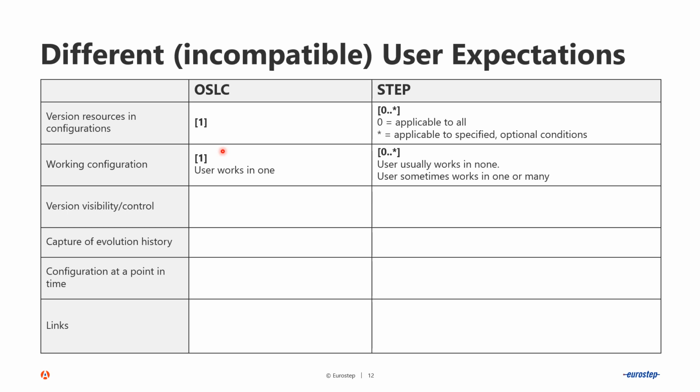Then there's what configuration you're working in. Normally users of tools using OSLC type of configuration management work in one configuration, whereas because of the nature of the STEP configuration management, the user usually works in none, but they may work in one or many. So again, very incompatible from a user's point of view.